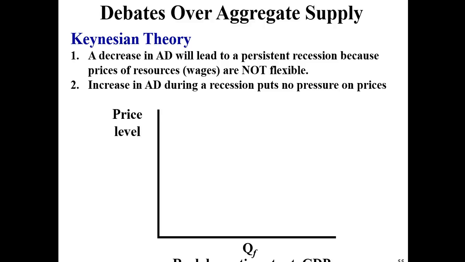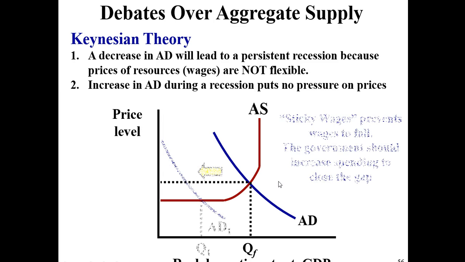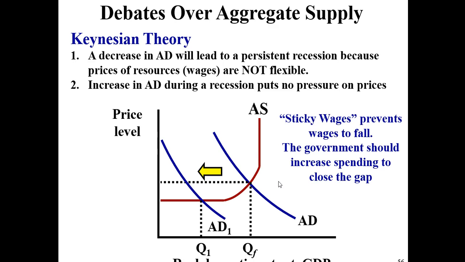He thought that those wages and resource prices were sticky. And so because of that persistent recession, the government was going to have to get involved and close that gap with government spending, because those sticky wages were going to prevent wages from falling and allowing the economy to correct itself like it would have in the classical model.